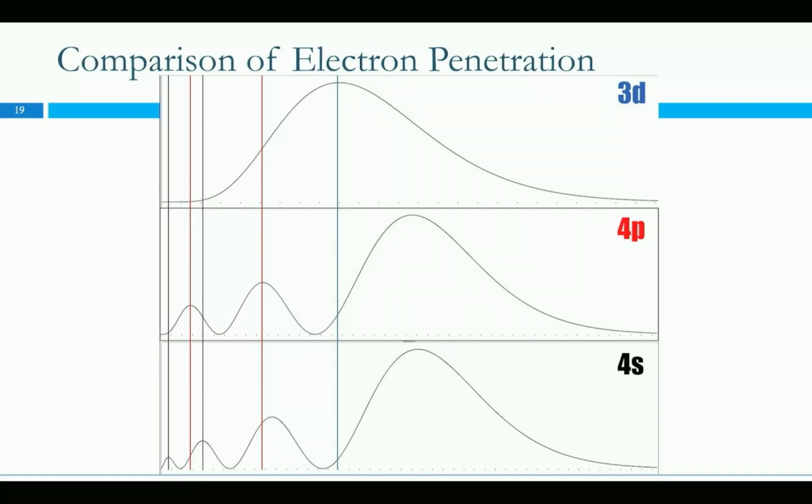Compare these to the 4D, and these would both have more penetration compared to the 4D. So we're talking about the orbitals having different energy levels. That's why the 4s is lower than the 4p, because the 4s has better penetration. So it has a higher effective nuclear charge and is more stable.